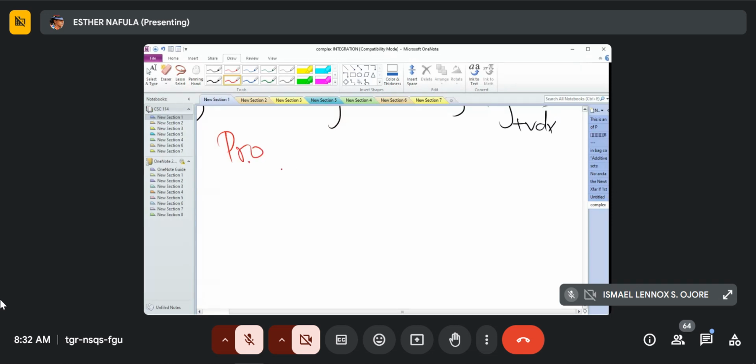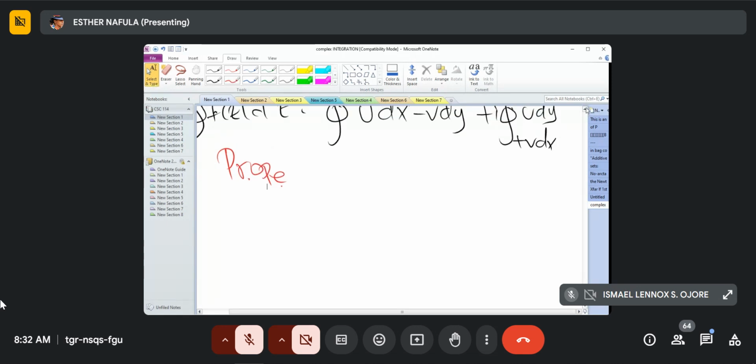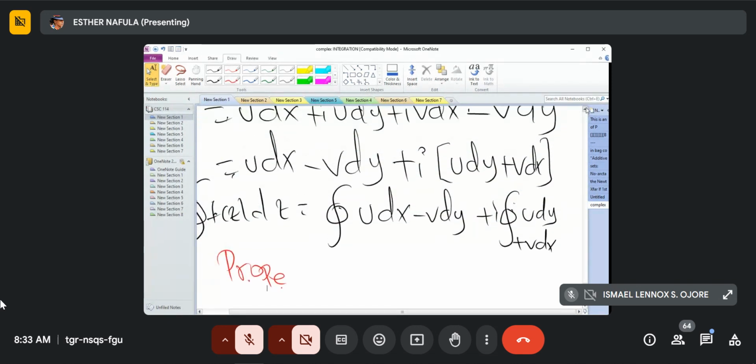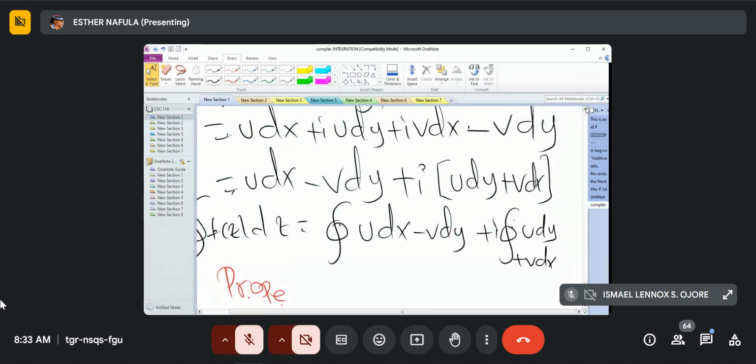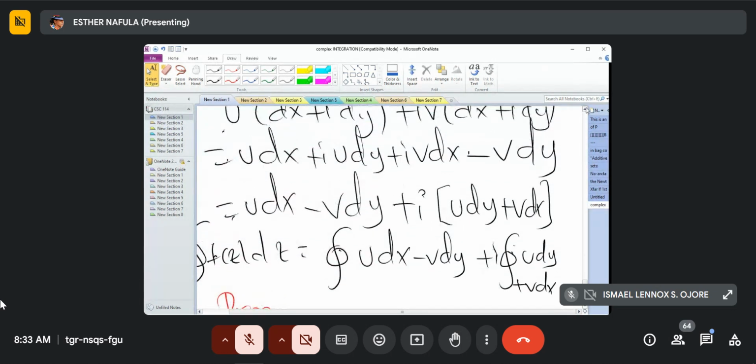Excuse, please. Let us copy the last line. Where exactly? Because we were just trying to justify the formula for integrating f of z dz. You already have this formula here.